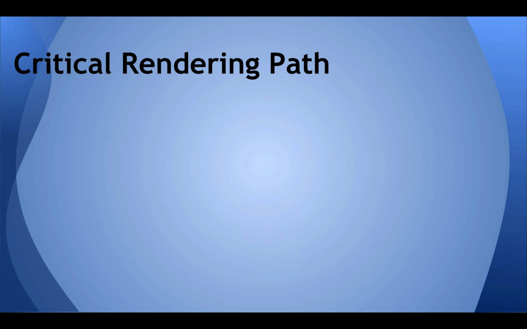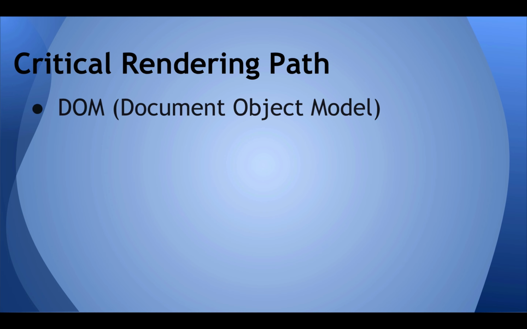So the first thing to understand is that every browser follows a certain critical rendering path to render your page. What it does is build this thing called a DOM, a Document Object Model. It's a fancy acronym. Don't get too intimidated by it.